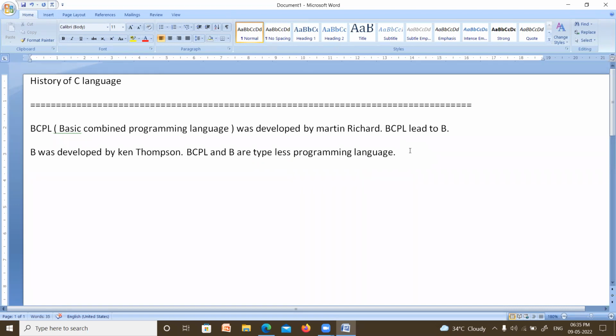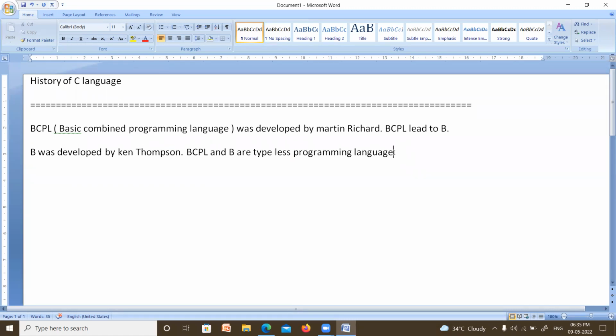In C language, you can find character, integer, float, double, four data types. In these languages, there are no data types, so it doesn't support any data type. So it is called a typeless programming language.